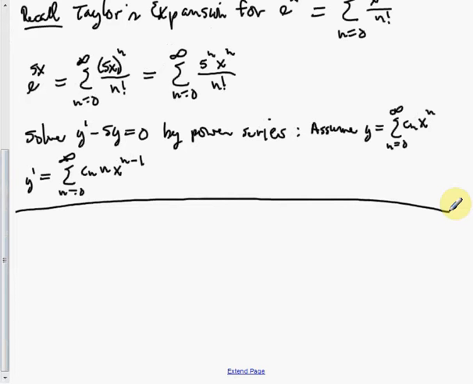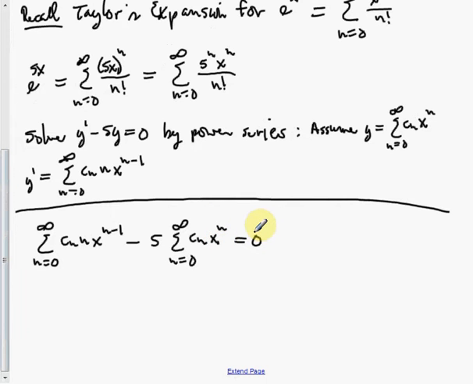I'm going to replace the y and the y prime with this power series representation. So this becomes the summation as n goes from 0 to infinity. This is y prime, so this is c sub n times n times x to the n minus 1. And this is minus 5 times y, but y is the summation as n goes from 0 to infinity of c sub n times x to the n. That's equal to 0.